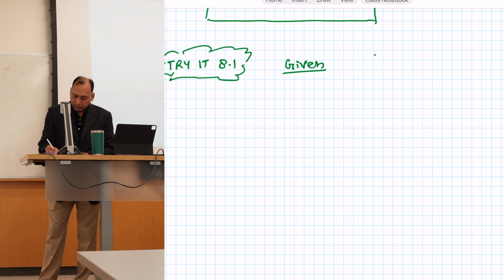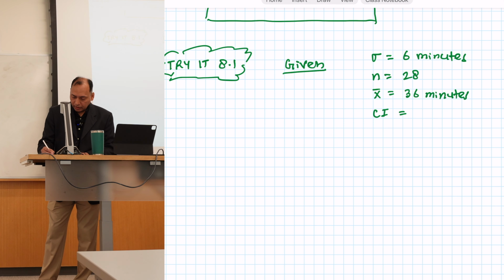So you are given that sigma is 6 minutes, and then you take a sample of 28 restaurants, and you get average of 36 minutes. And the confidence interval in which we are interested, in the problem it says 90% confidence interval.